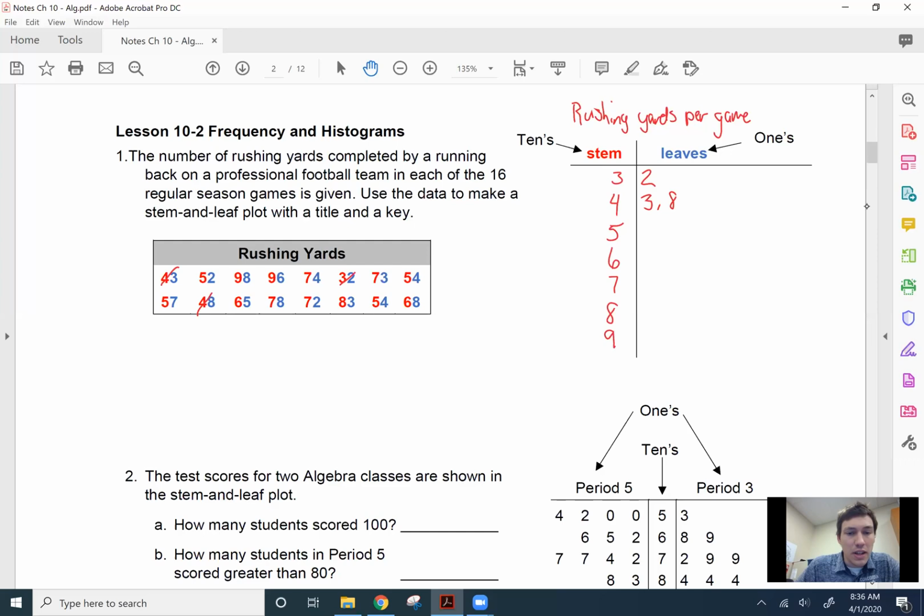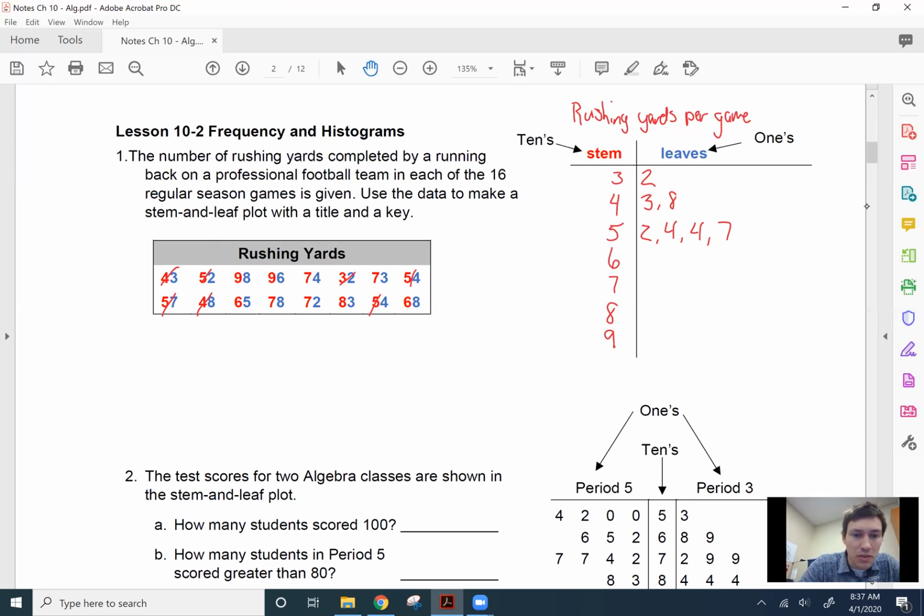48. Doesn't look like we have any other ones. 50. I see 52, and 54, and 54 again. And I see 57. I think that's it. Now look at 60s.